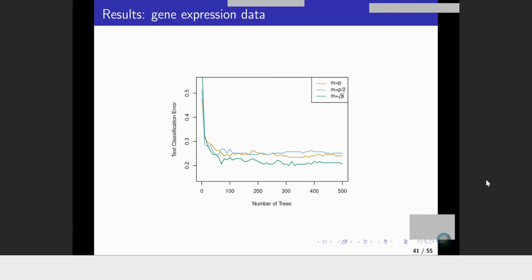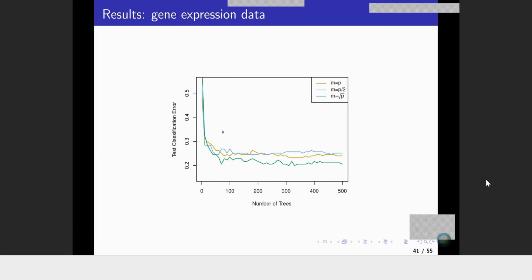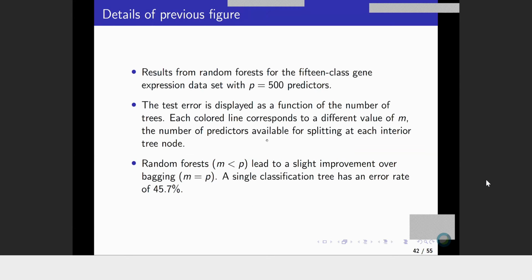The test error is displayed as a function of the number of trees. Each colored line corresponds to a different value of M, the number of predictors available for splitting at each internal node.